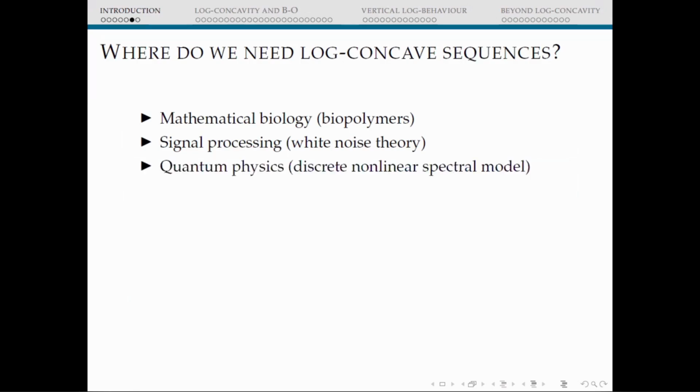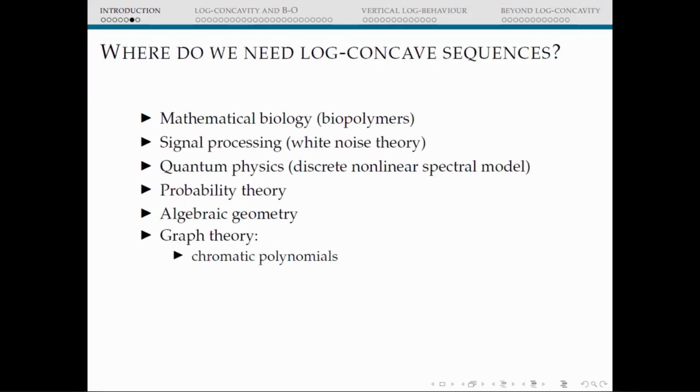Also, in quantum physics, there is a way to construct coherent discrete nonlinear spectral models. In probability theory, one can show that if we would like a random variable to be infinitely divisible, then the log-concavity property plays a role. In algebraic geometry, we have a nice description of Lie algebras acting on cohomology rings of varieties over the complex numbers.